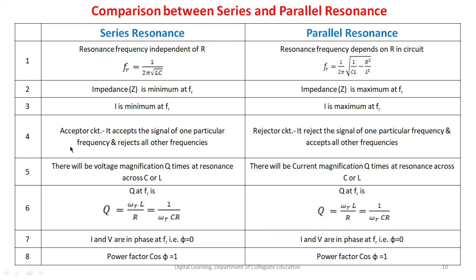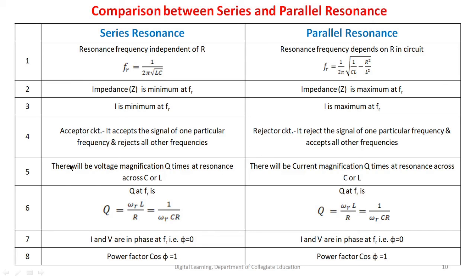The series resonance is called as acceptor circuit because it accepts the signal of one particular frequency and rejects all other frequency. Therefore, it is called as acceptor circuit. Parallel resonance circuit is called as rejector circuit because it rejects one particular frequency and accepts all other frequency. Therefore, it is called as rejector circuit.